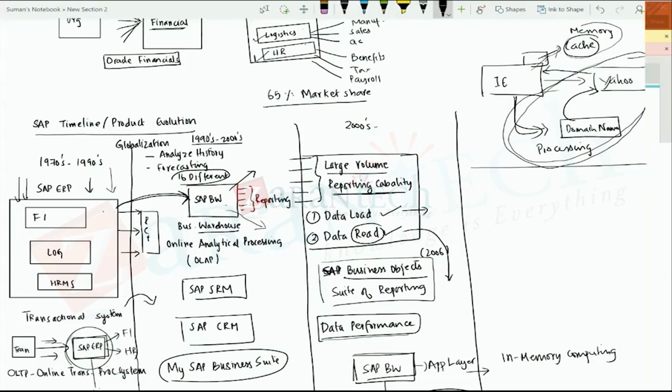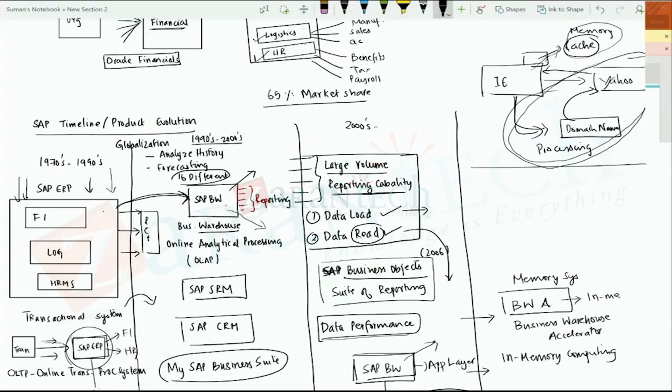So SAP created a new product called BWA. BWA is nothing but Business Warehouse Accelerator. Think of it as an accelerator to your existing BW application. This was the first in-memory computing functionality. So what does BWA do? It is a purely memory system.